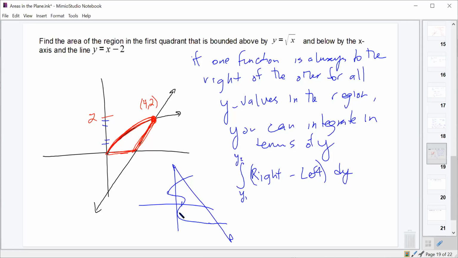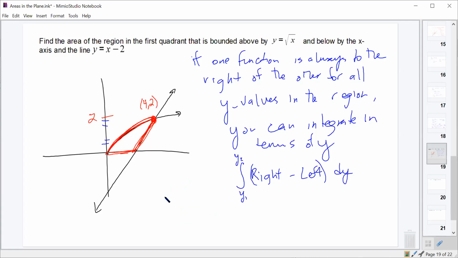Whereas if I did it in terms of y, no matter what y value I choose, this linear piece is always to the right of this weird little squiggle that I've got. Does that make sense? So in this case, it's not of much benefit, but we're just doing a nice easy one to see how it works.